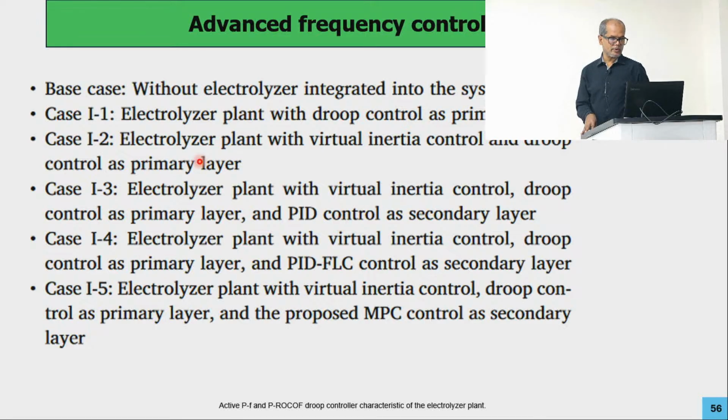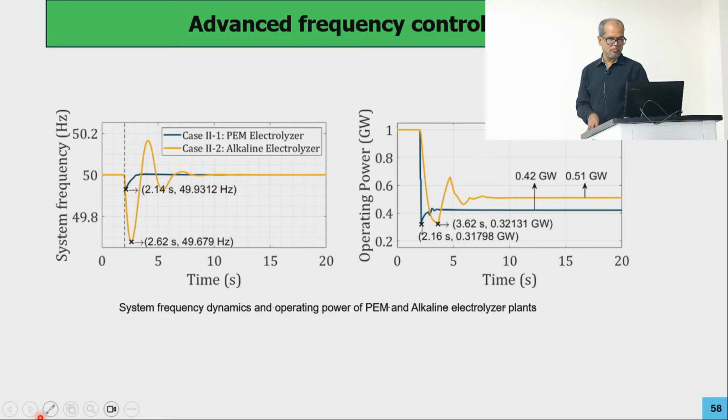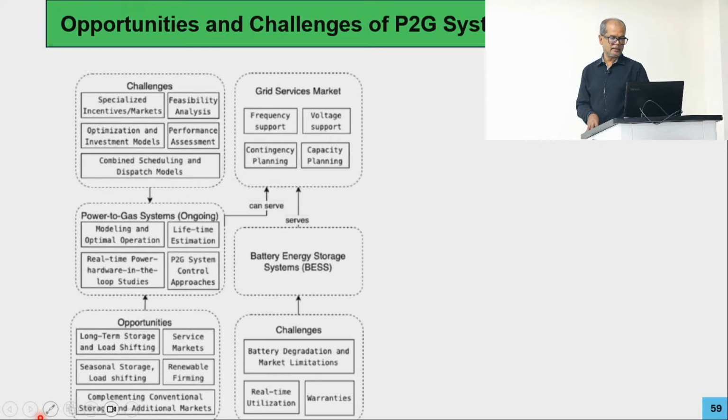It was compared with many cases like PID, virtual inertia control, and MPC in the secondary level or the primary level in the droop, to see which one provides better performance. Definitely the MPC with the combination of droop was found to provide better performance when you have a large disturbance in the system.